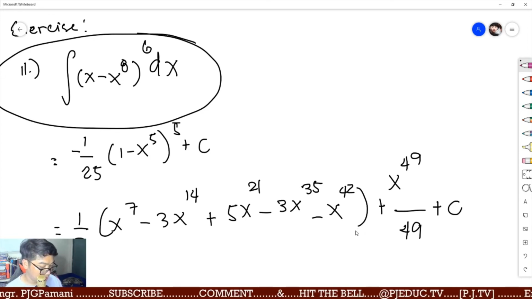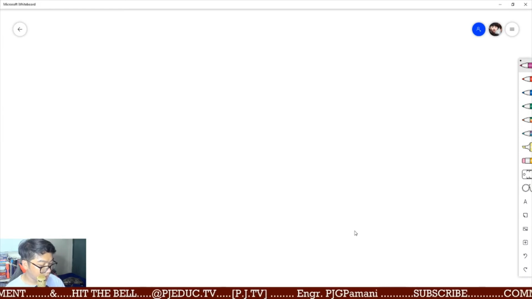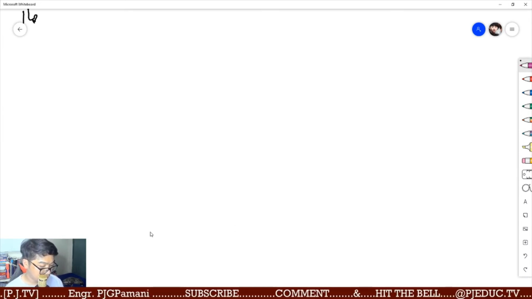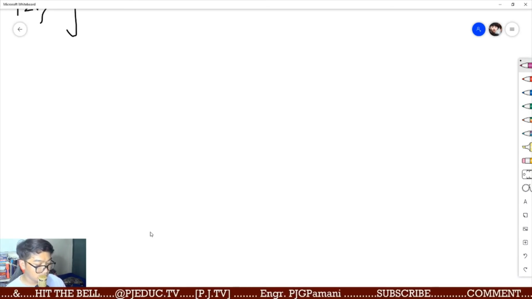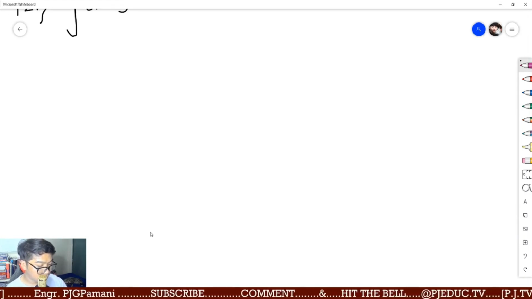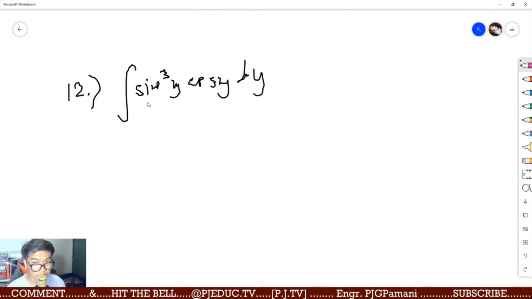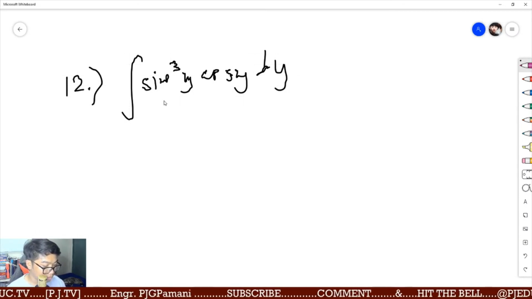Practice nyo na lang. Now, how about you're asked to integrate or evaluate terms in trigonometric form? Number 12. You're asked to evaluate an indefinite integral of sine cube y cosine y dy.